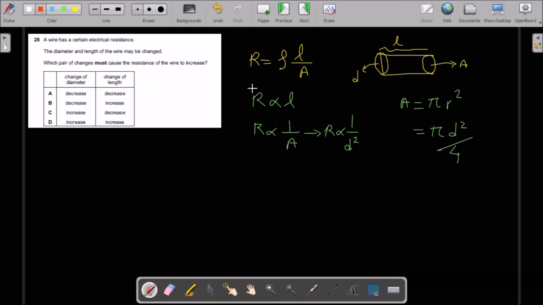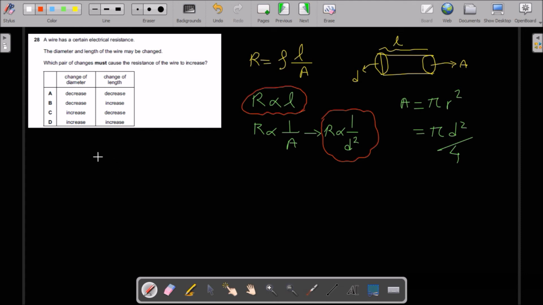So R is proportional to length and inversely proportional to the square of the diameter of the cross section of the wire. That's why, if you want to increase the resistance of the wire, which pair of changes must cause the resistance of the wire to increase?